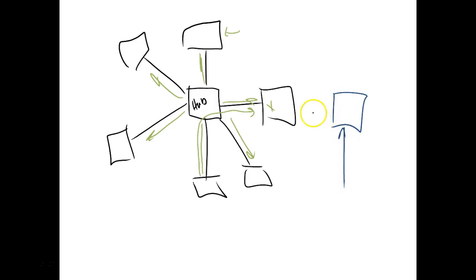So the difference between a switch and a hub is that right off the bat, every time a computer is turned on, it starts broadcasting information that says, oh, I'm here. One of the things it broadcasts is its MAC address as part of the first packet. And what the switch does, it learns the MAC addresses for all these different computers.